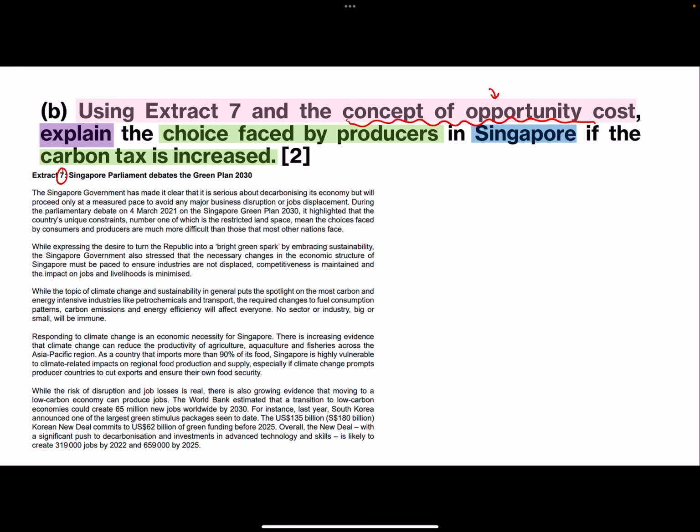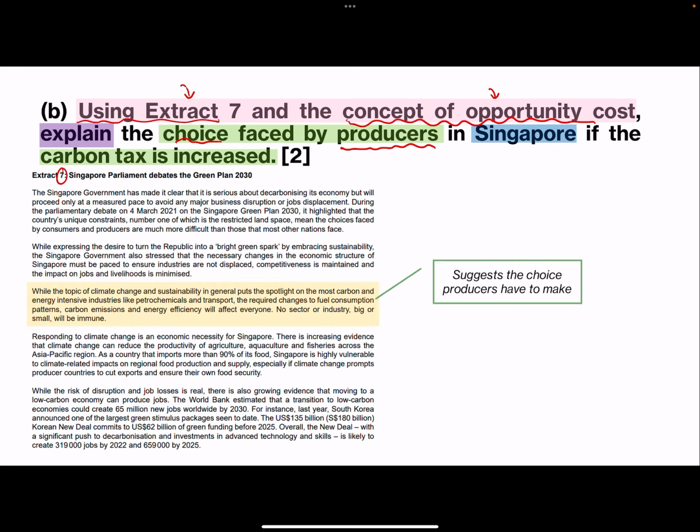Once you see something like this, you jump straight into extract 7 and see what clues you can get about the choice faced by producers. The main thing they say is that the required changes will affect fuel consumption patterns, carbon emissions, and energy efficiency. No sector or industry, big or small, will be immune.